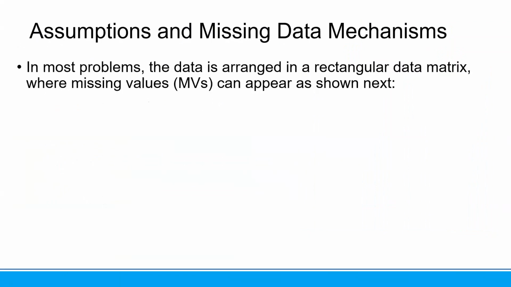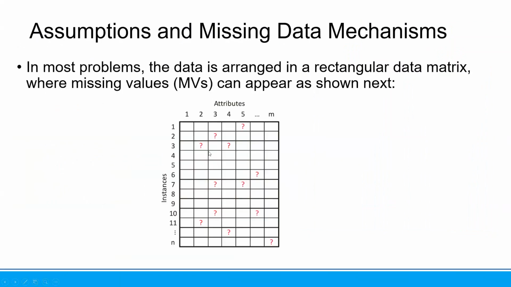So, the assumptions and the missing data mechanisms. In most problems, the data is arranged in a rectangular data matrix, where missing values, or MV, can appear like this. If you have only one column, it is easy to recognize.